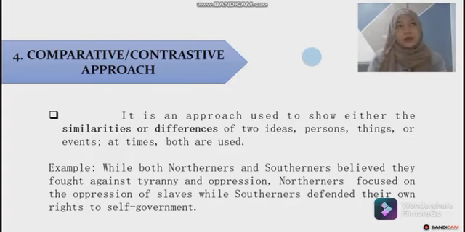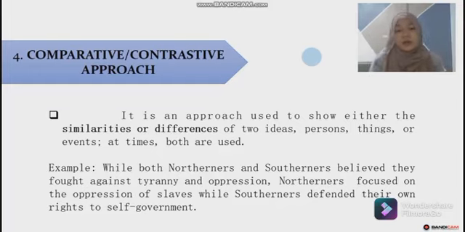Most of us tackled that topic when we were in grade 7 or grade 6, in which there are two circles, and in the middle part is where we fill out the common characteristic or the common thing between two things.